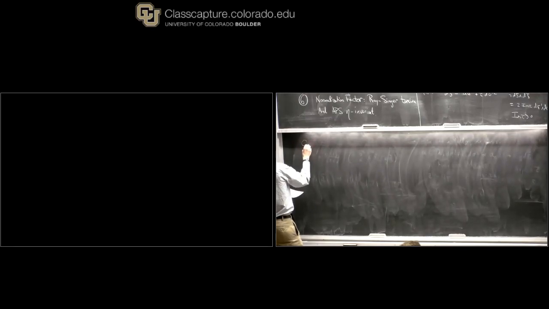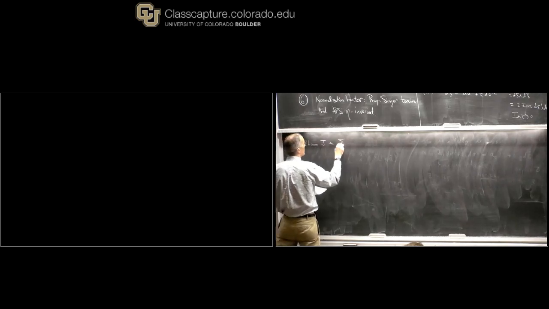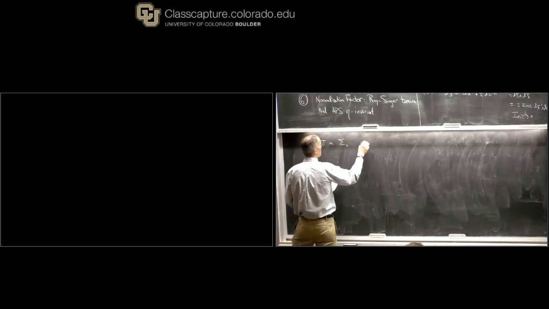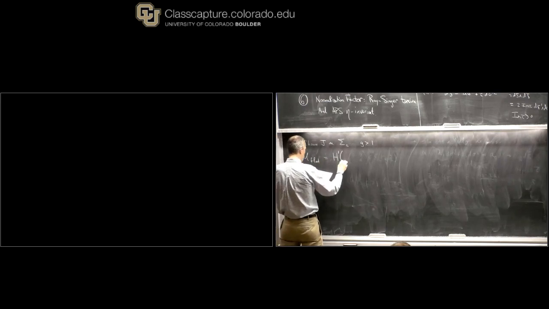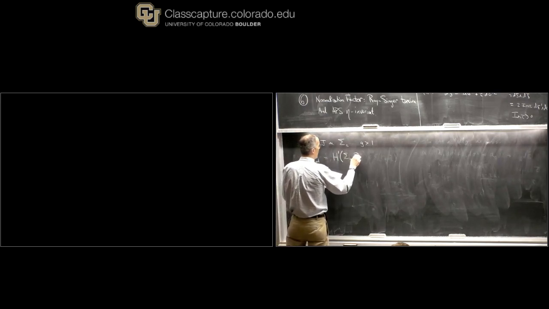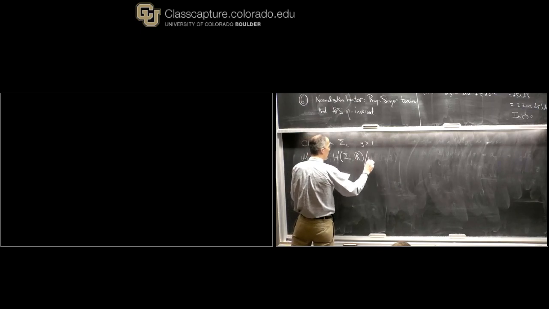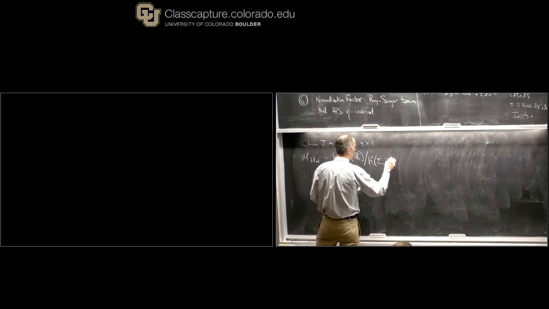So we choose a complex structure on sigma 2, which is now higher genus, and genus bigger than 1. And that implies a complex structure on M flat, which I remind you can be written as this higher dimensional torus. So this is a 2g dimensional torus.